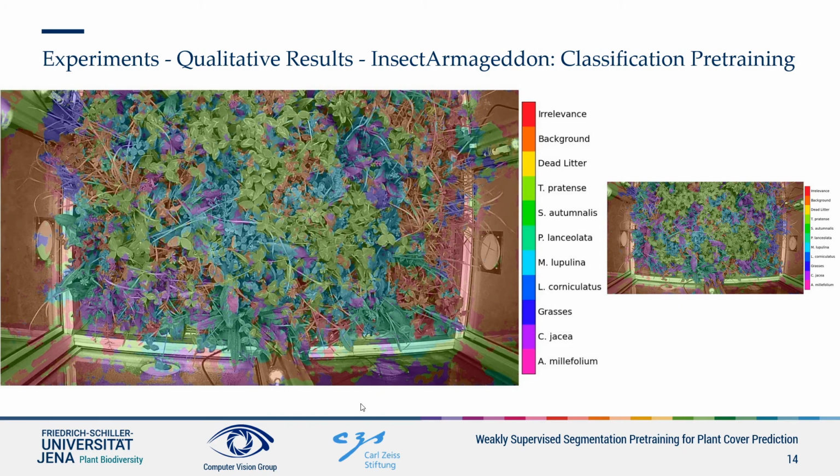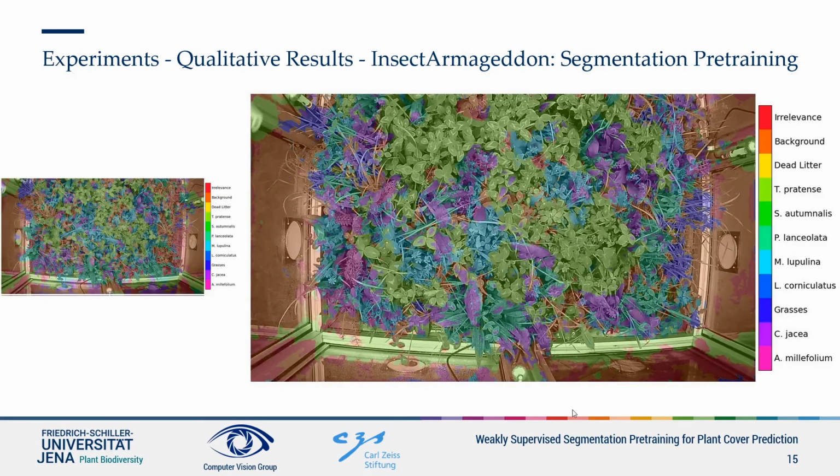However, if we take a look at the segmentations generated after segmentation pretraining, we can see that, for example, on the left side in pink, Achillea millefolium is also additionally segmented correctly here, as well as Centaurea jacea in purple on multiple occasions, as well as the plant species mentioned before in the other image, and grasses on the right side in blue. So overall, we can see a drastic improvement in segmentation quality using our approach.